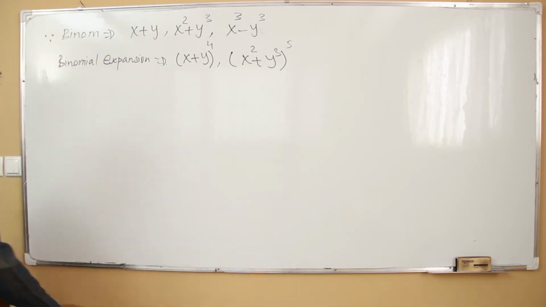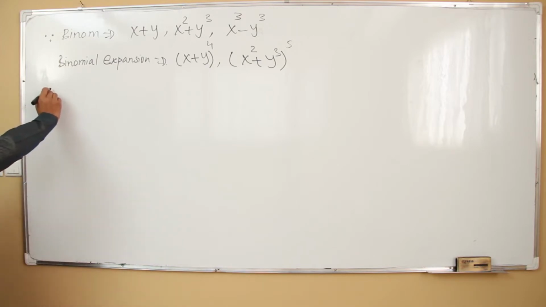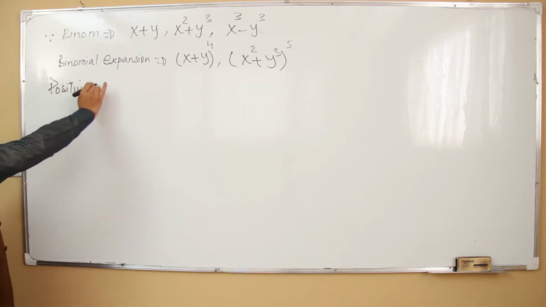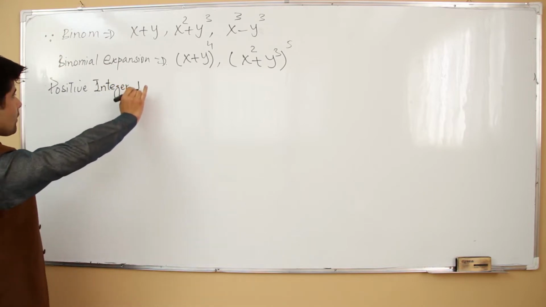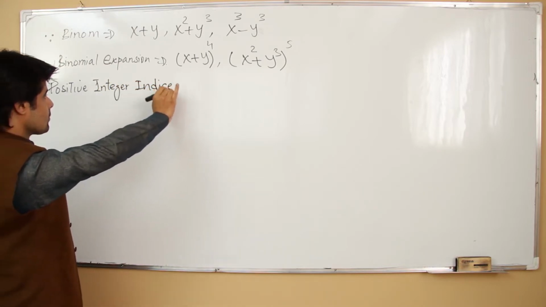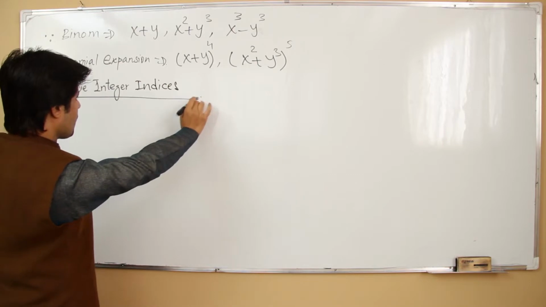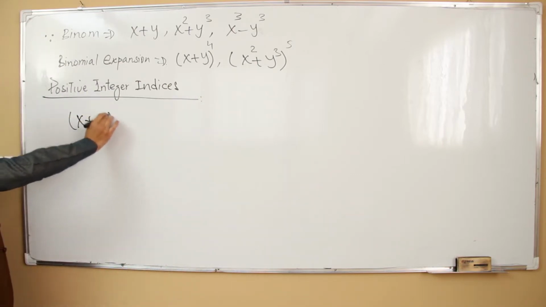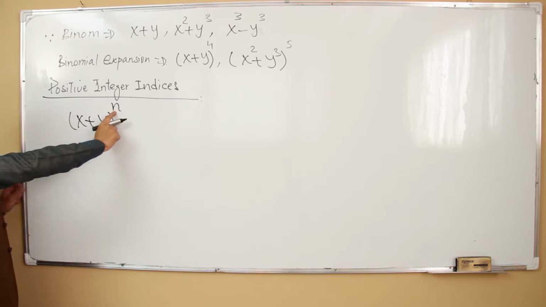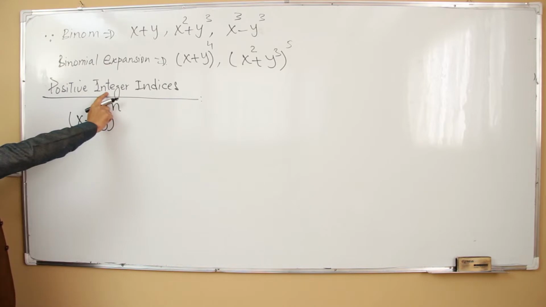For binomial expansion, just for which index, for which power? For positive integer indices. If we have (x plus y) raised to the power n, this n should be what? It should be a positive number, and it should be an integer.